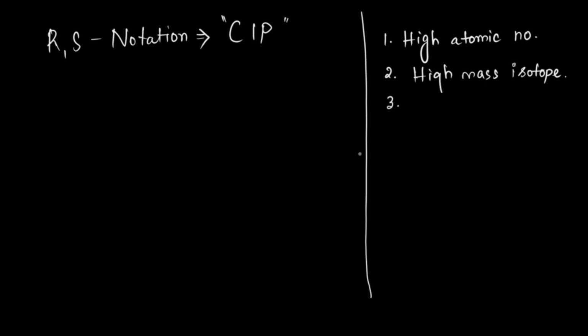The third rule is if I'm having a situation where the first atom of a group is same, CH3, CH2, the carbon is same, so the atomic number becomes same. In that case, I have to go to the second atom. First atom same, then we have to move to the second atom.